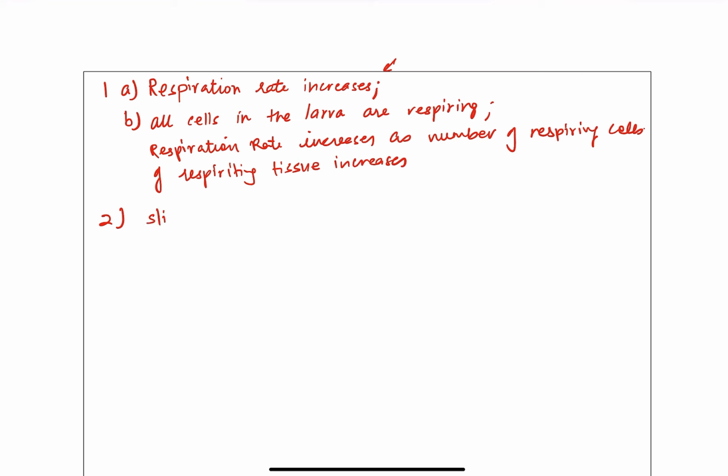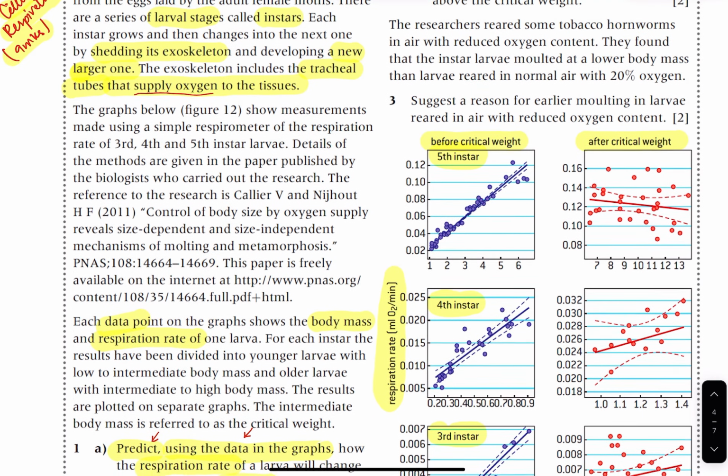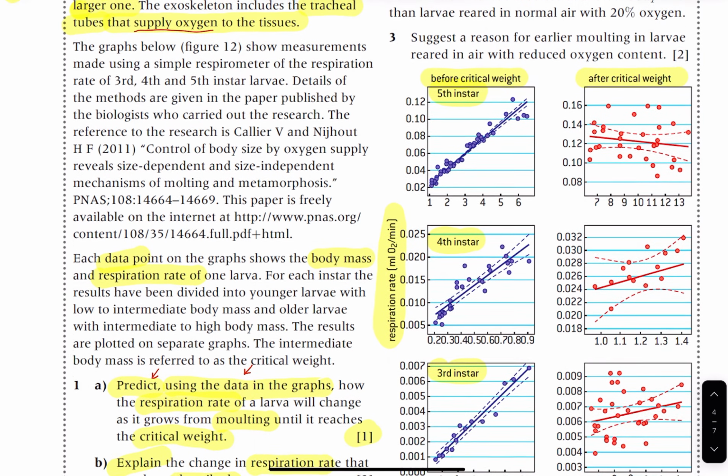So in this, there is a slight increase in third and fourth instar larvae. You can see there are 3 given, and you have to look at the above one.